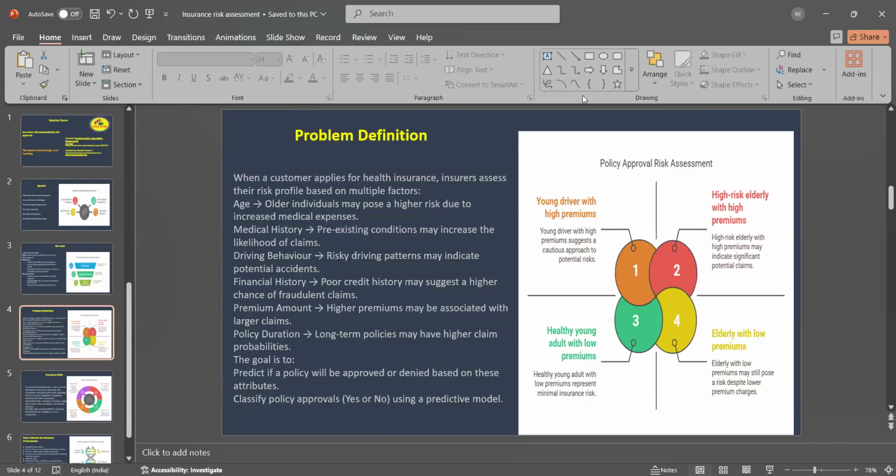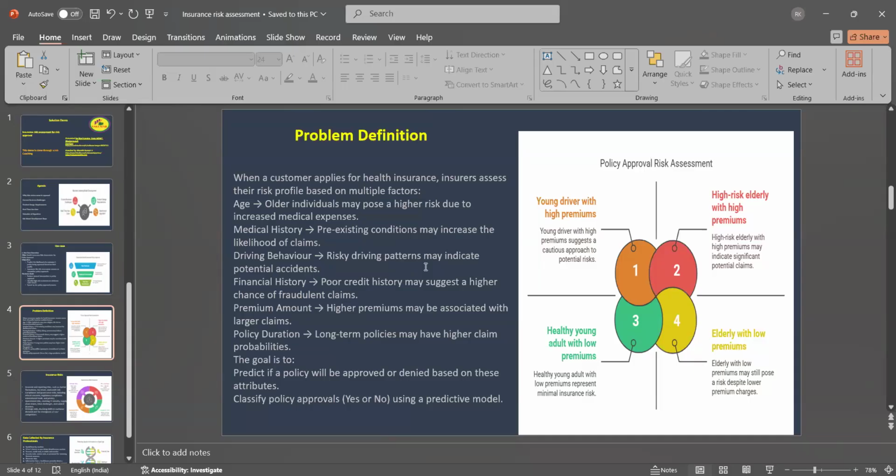If we have the medical history of that customer, it's easy to determine the claim amount to give. Driving behavior: risky driving patterns may indicate potential accidents, meaning whether the customer is a drinker or not, which we use in the data.